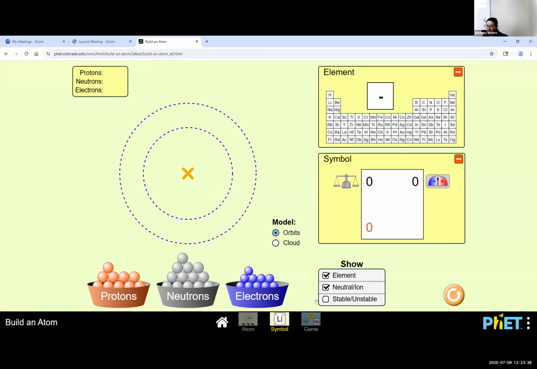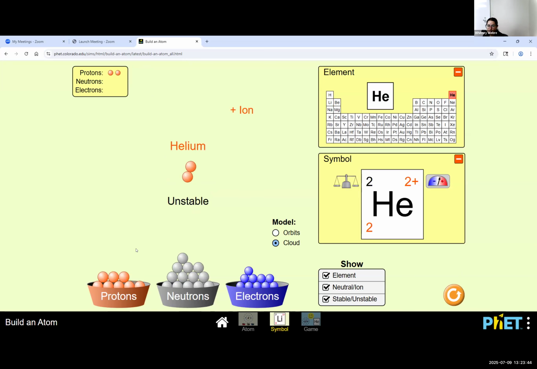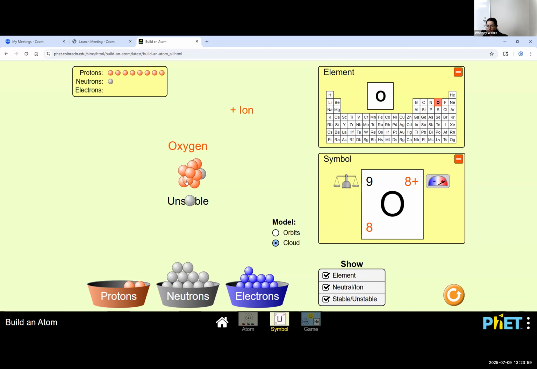Let's do oxygen. How many protons? 1, 2, 5, 6, 7, 8. What is the weight of oxygen? 16. So how many neutrons? 2, 3, 4, 5, 6, 7, 8. Yay, it's stable.